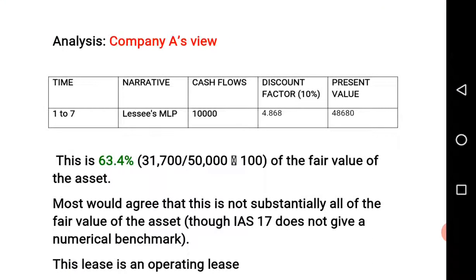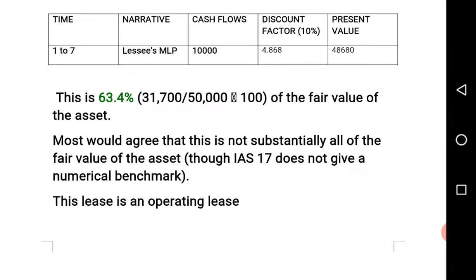Now this is 63.4%, that's 31,700, the present value of the lessee's minimum lease payment, divided by 50,000 times 100%, that's 63.4% of the fair value of the asset. I would say this is not substantial. We could call substantial maybe from the high 80s to 100. But we'll see what it says.